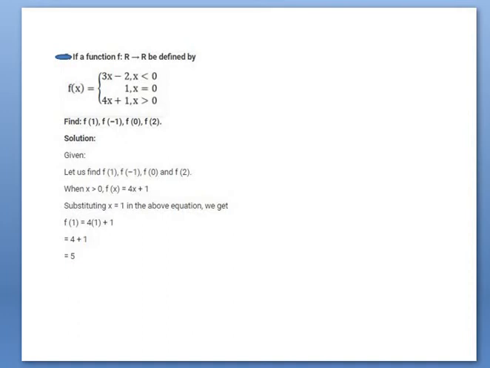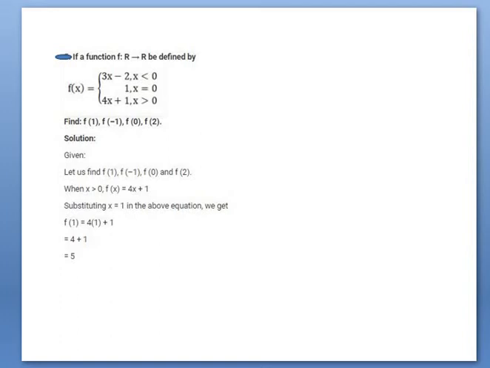Now what is given? The definition of f of x is given. Now you have to find the value of f of 1. Now if you notice f of 1, 1 is what type of number? Yes, 1 is a positive number. So in these three conditions, f of 1 will lie in the third condition.